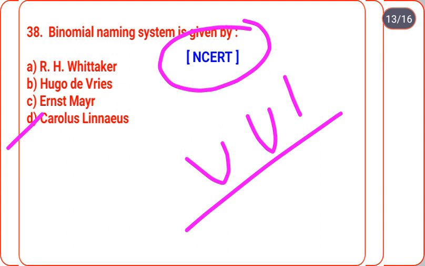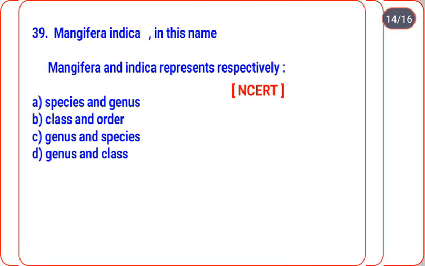Okay, guys. Question number 39. Mangifera indica. In this name, Mangifera and indica represent respectively. Yes, we should underline these two terms separately because it is not written in italic letters. So underlining is very necessary.